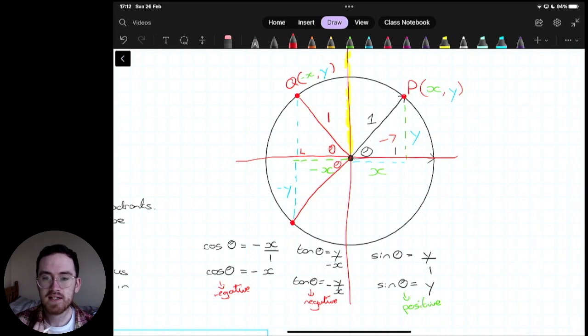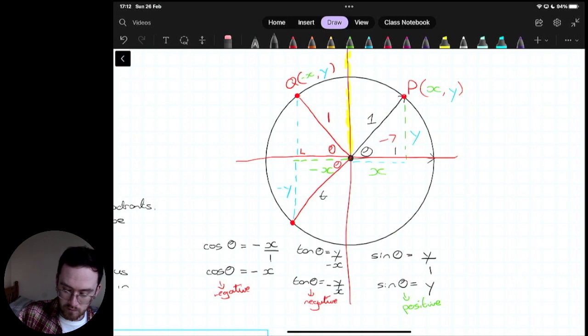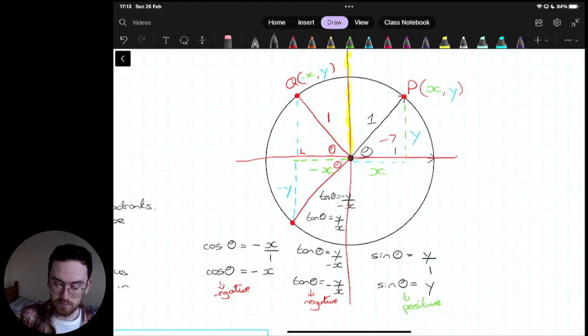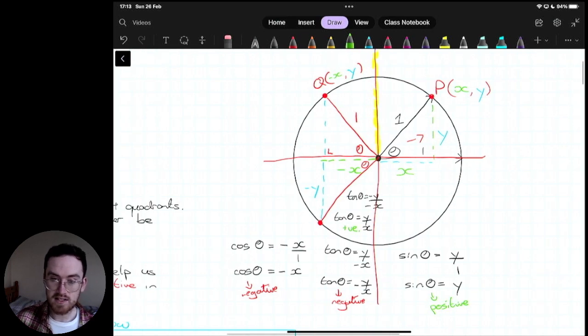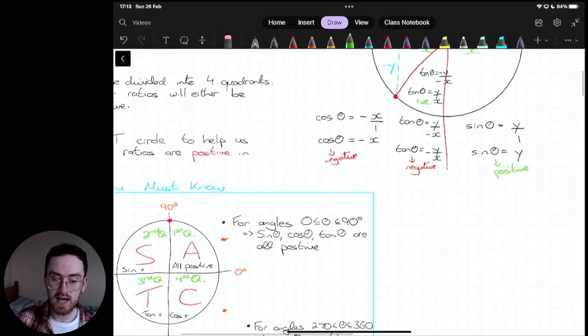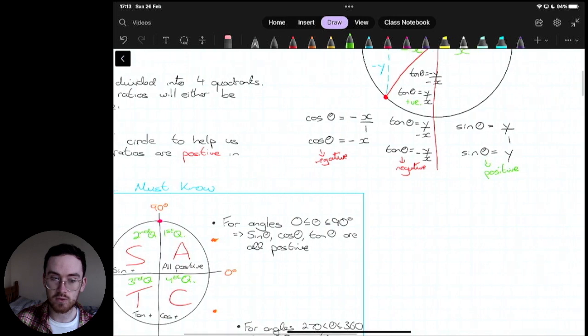If I have -y, if sine theta is equal to y, then that's going to mean that sine will also be negative. But if we look at tan, tan would be -y over -x, and a minus divided by a minus gives me a plus. So tan would be positive. And again, looking at our cast circle, we should remember that tan is positive in that third quadrant.